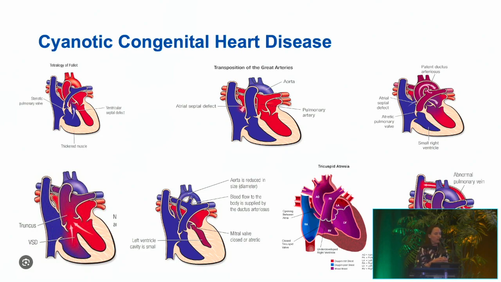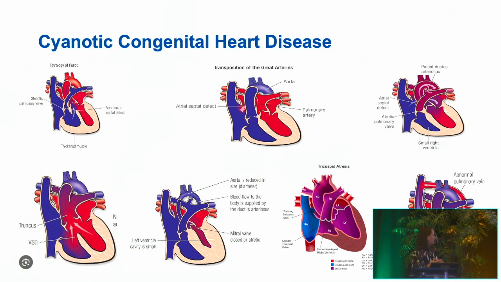Where you can get really, really dangerous on this one is when it becomes obstructed. If that abnormal pulmonary vein is infradiaphragmatic, it won't drain the pulmonary blood flow, so it gets backed up into the lungs, and there's really no way to get any pink blood into the systemic circuit.